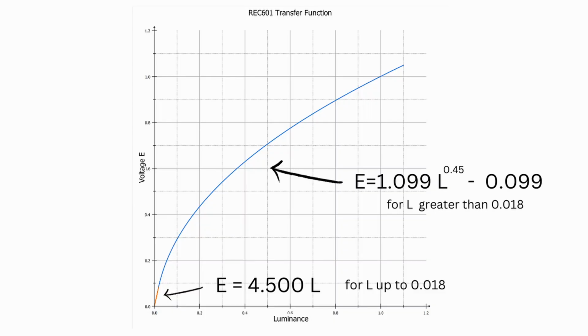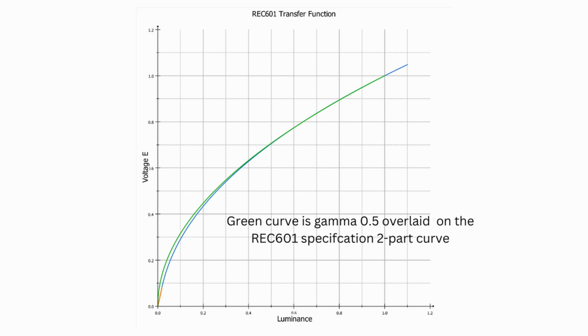So the actual Rec 601 function is a hybrid of a straight line close to zero and a power function after that, as you can see here in the specification. Now this turns out to have an overall gamma close to a pure power function of around 0.5.